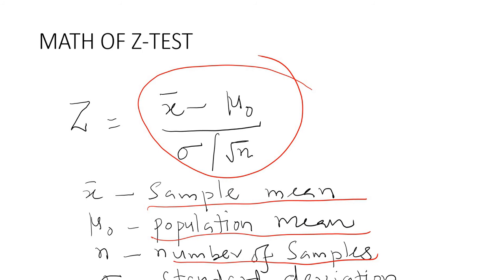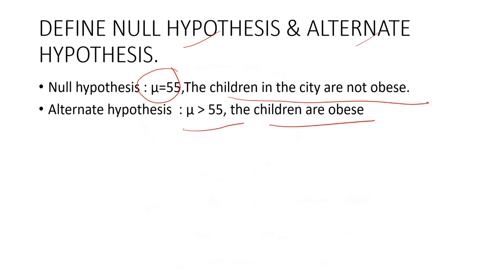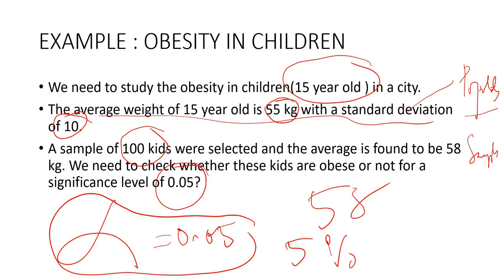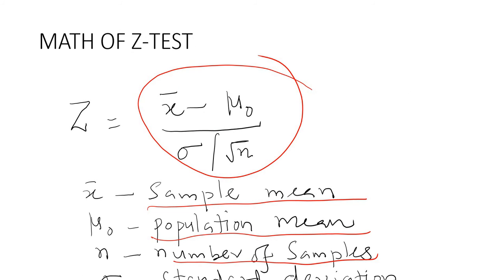See what is here. In this formula, what is x bar? X bar is 58. It is the sample mean. So 58 minus, what is the population mean? It is 55. Divided by, what is the standard deviation?